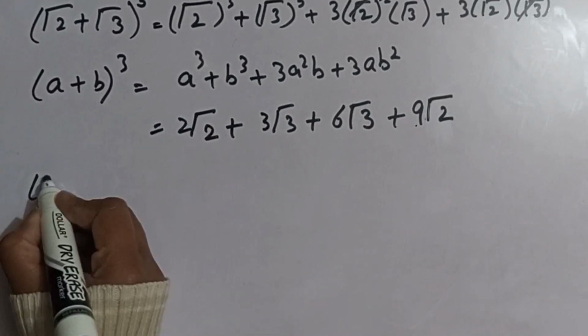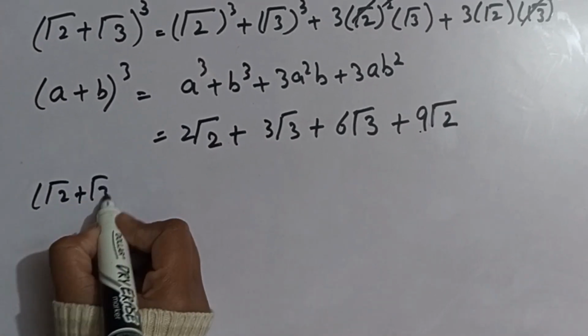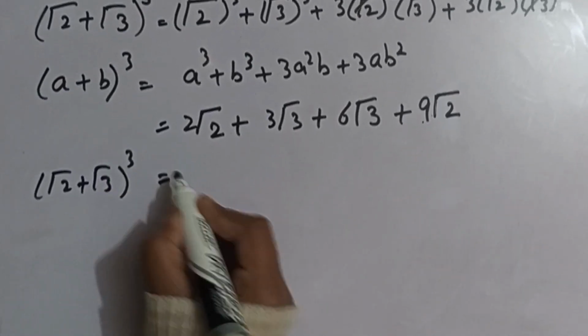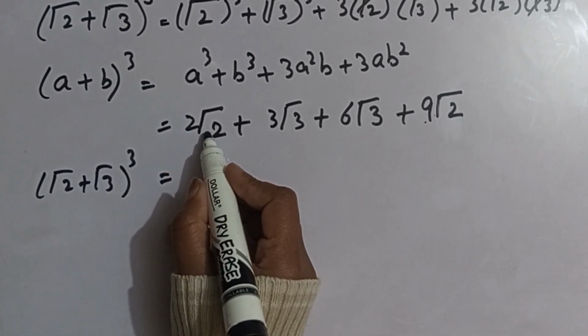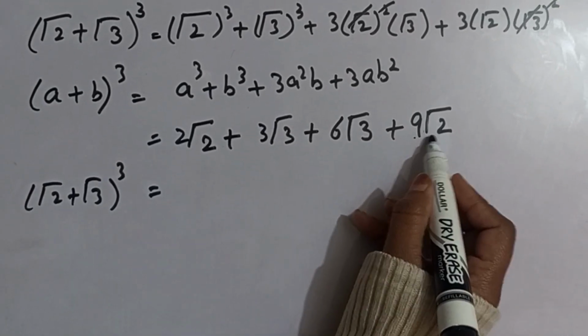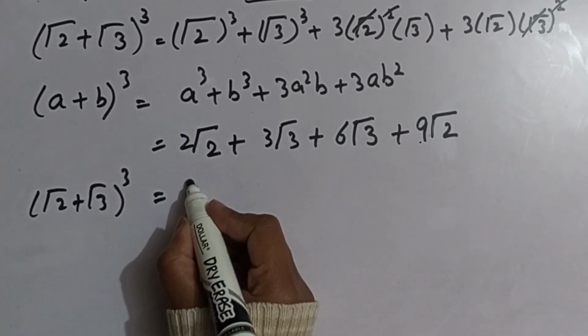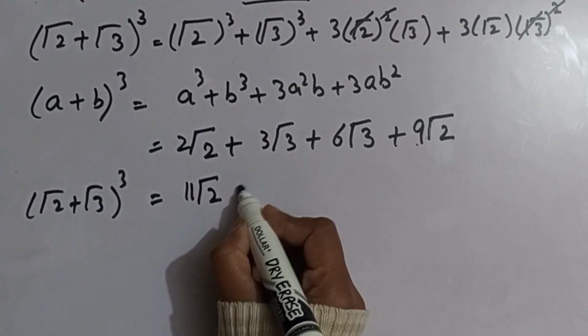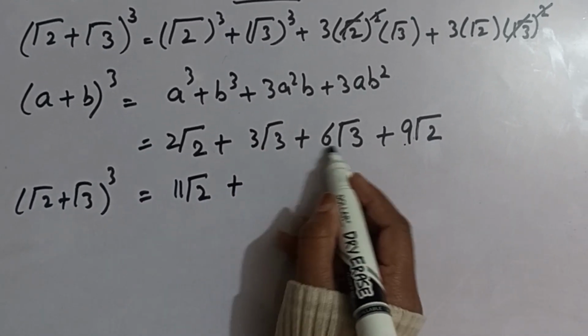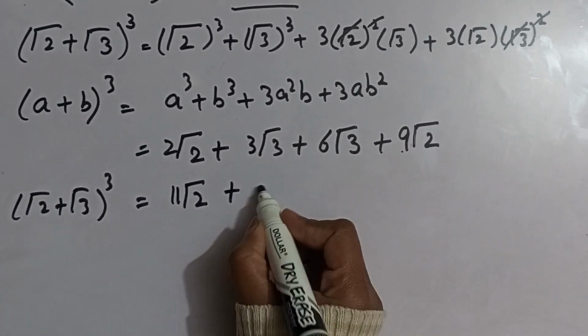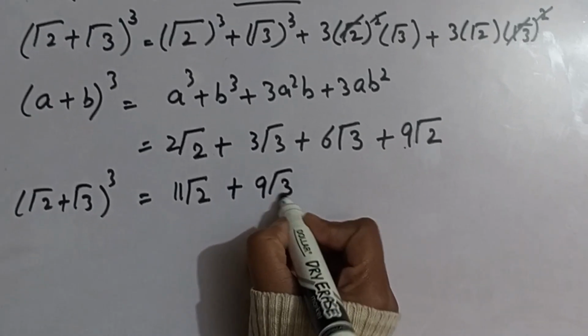So square root 2 plus square root 3 whole cube: on the right hand side, we have 2 times square root 2 and 9 times square root 2, and if we add, we get 11 times square root 2. Then 3 times square root 3 plus 6 times square root 3 is equal to 9 times square root 3.